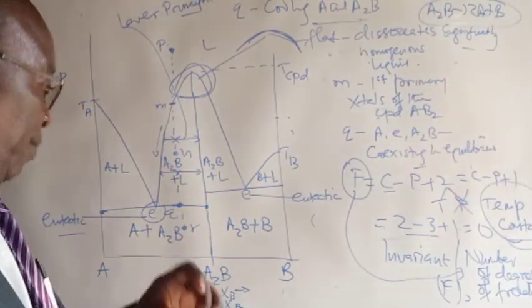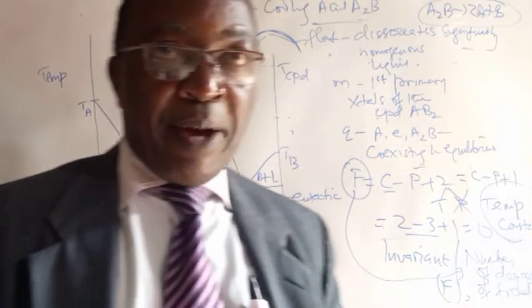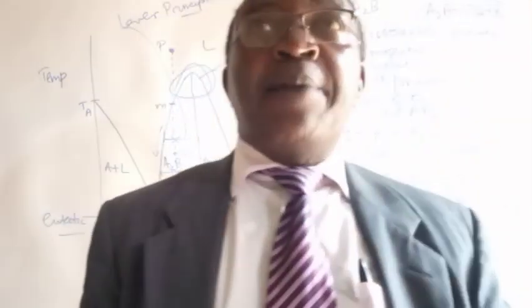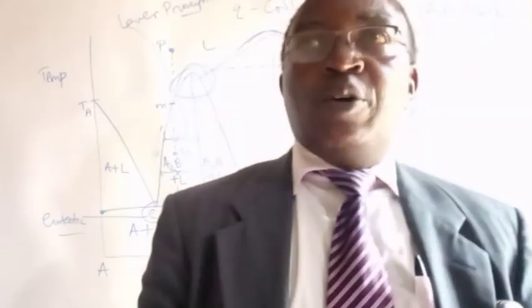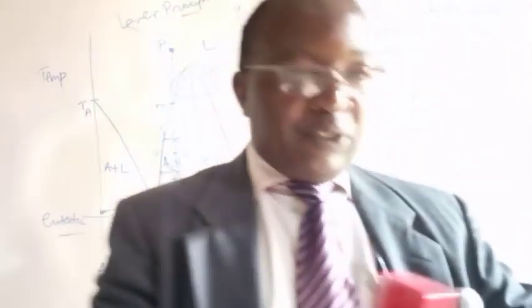In summary, when we have formation of a compound, then the eutectic diagram is not the normal simple eutectic diagram. There will be several eutectic diagrams. That makes sense because you have compounds, so there will be a eutectic diagram associated with each compound.